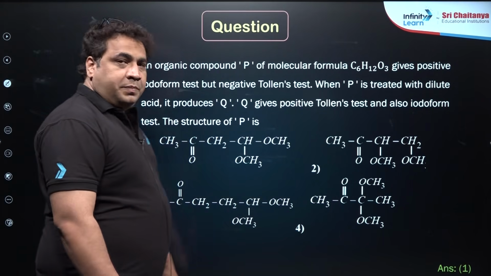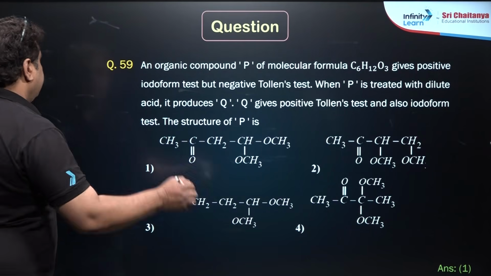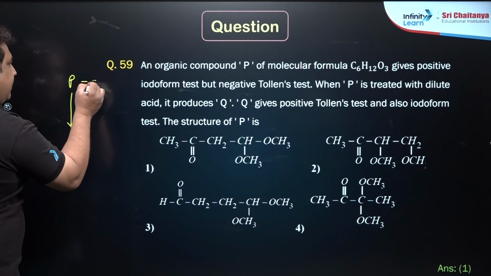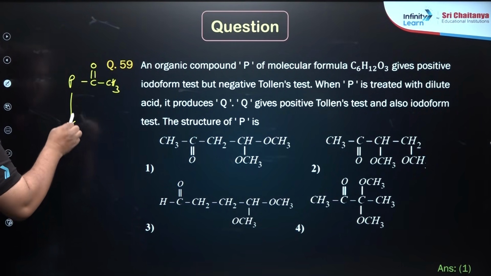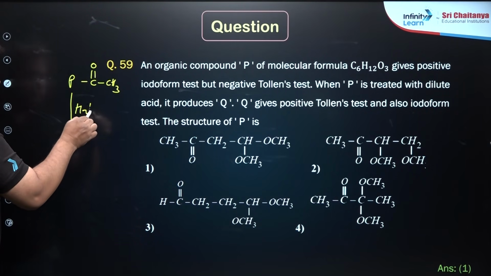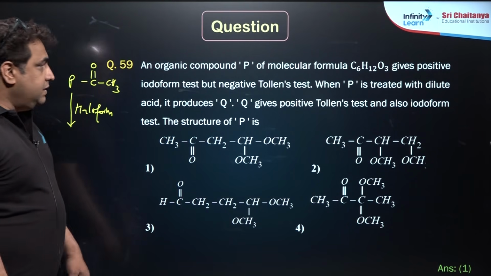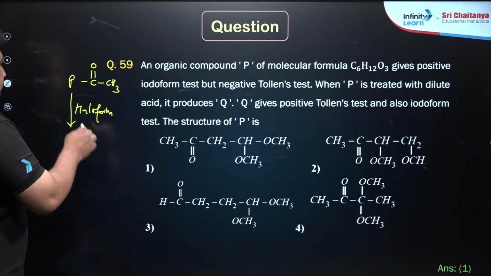An organic compound P with a molecular formula gives a positive haloform test. So, if the compound is giving positive haloform, that means P has C double bond to CH3, confirm. If it is giving haloform, then P should have a methylated alcohol or ketone, and toluene does not give it.